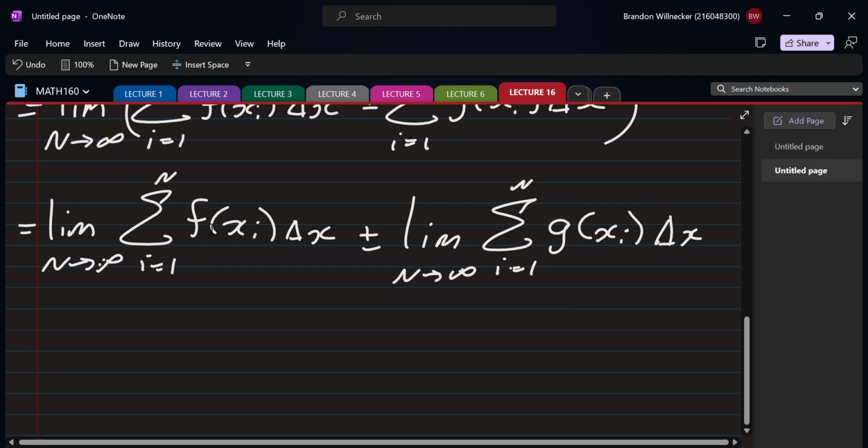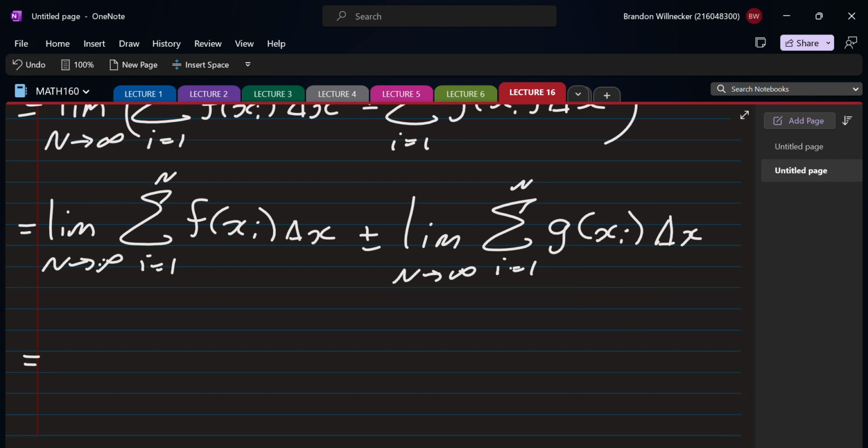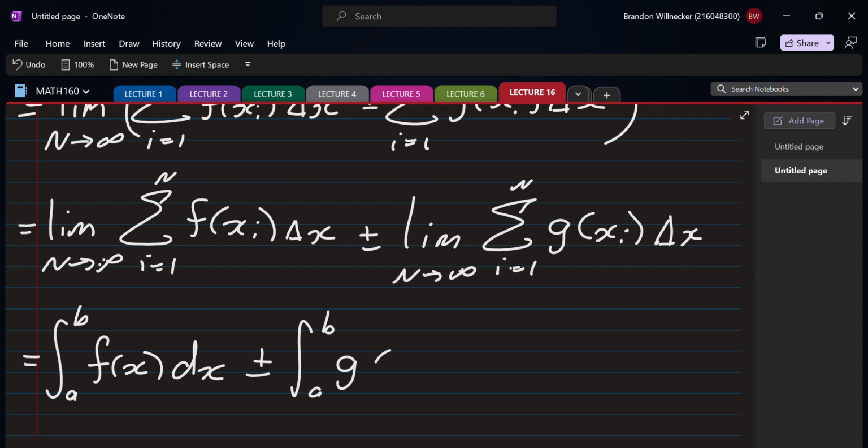But the first one has the function f, the second one has the function g. So just by using the definition, we can write this as the integral from a to b, f of x dx, plus minus the integral from a to b, g of x dx.